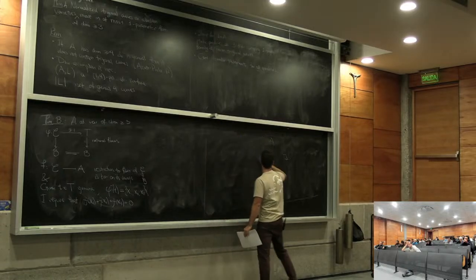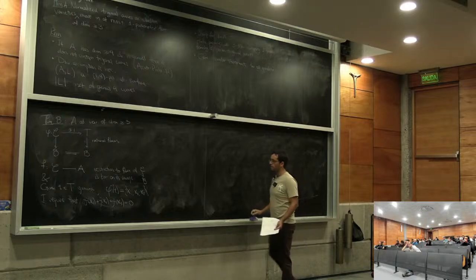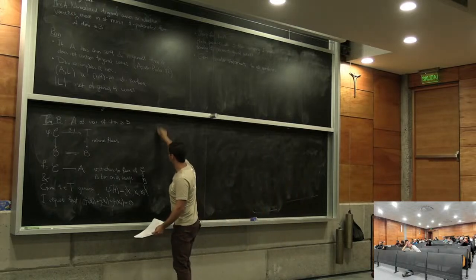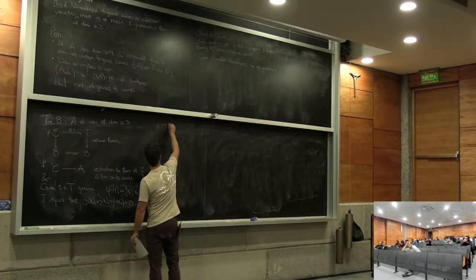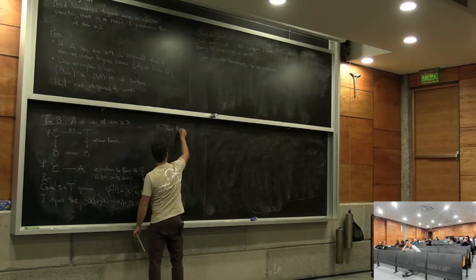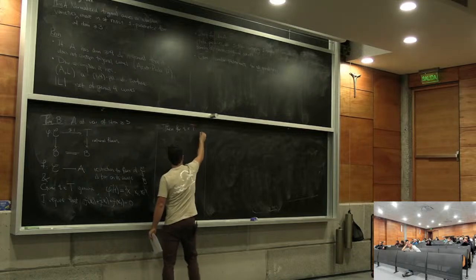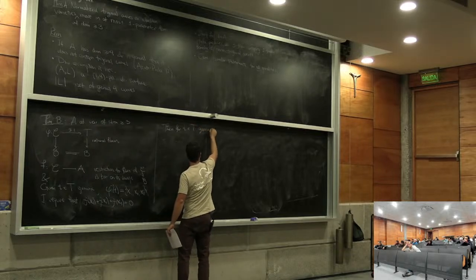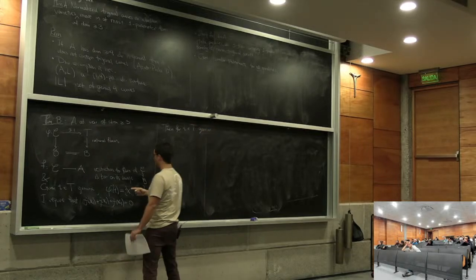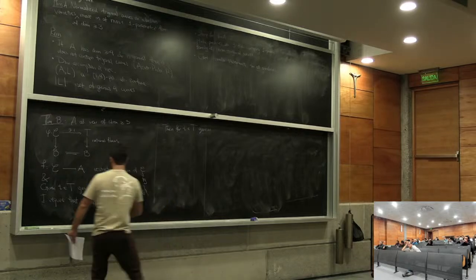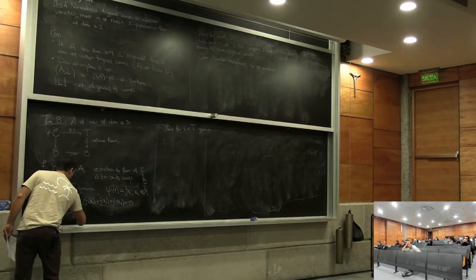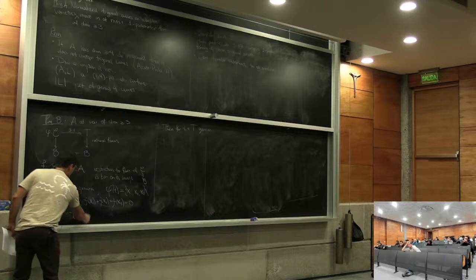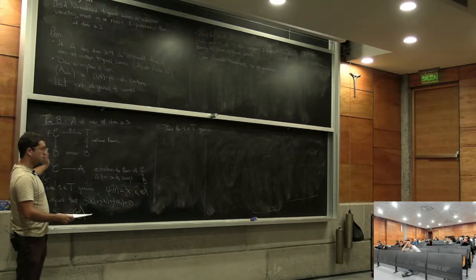I apologize for writing a theorem that takes half a board to write the setup, but the claim is that for T generic, and let me do one more thing. Let S be f of C. So this C is a family of trigonal curves.